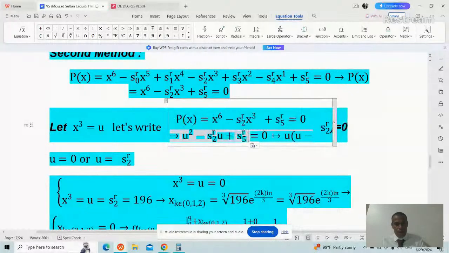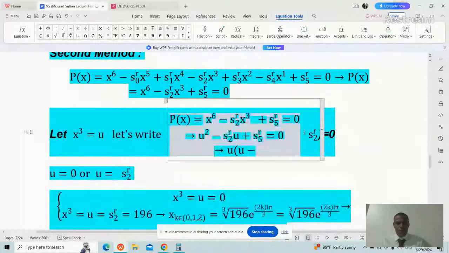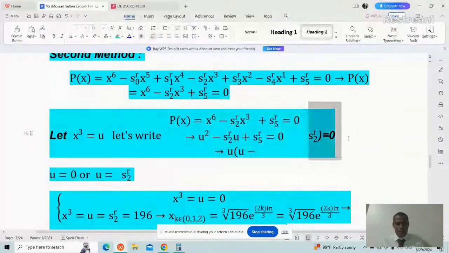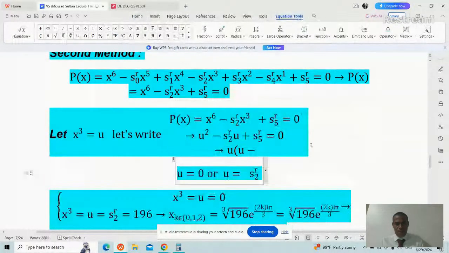Therefore, here I can use the discriminant formula. It remains the same. So we said u squared equals either this or that.